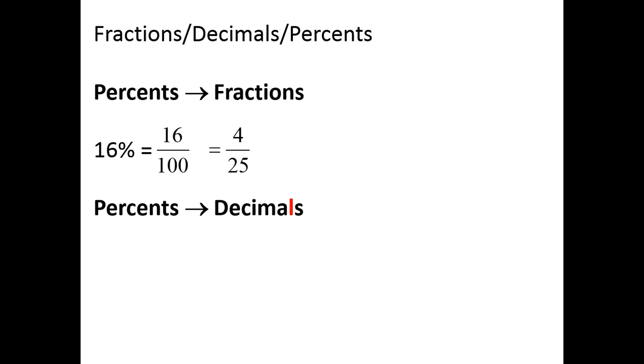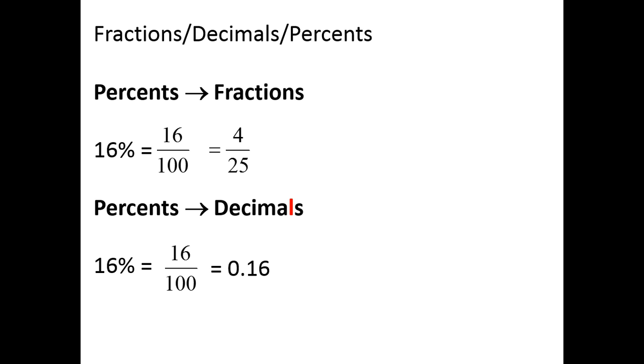If we want to write a percent as a decimal, we can think of the same sort of thing. After all, 16% is 16 hundredths. So 16 hundredths is a number that we could write as a decimal, 0.16, which means 16 hundredths.